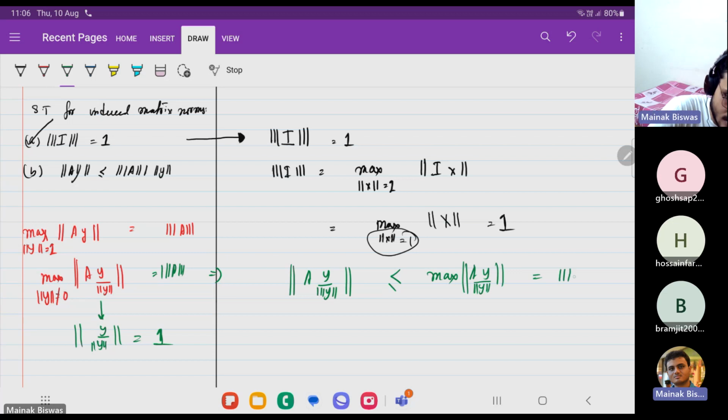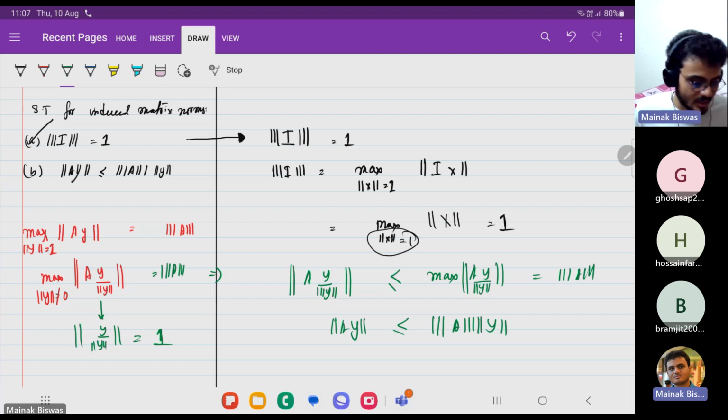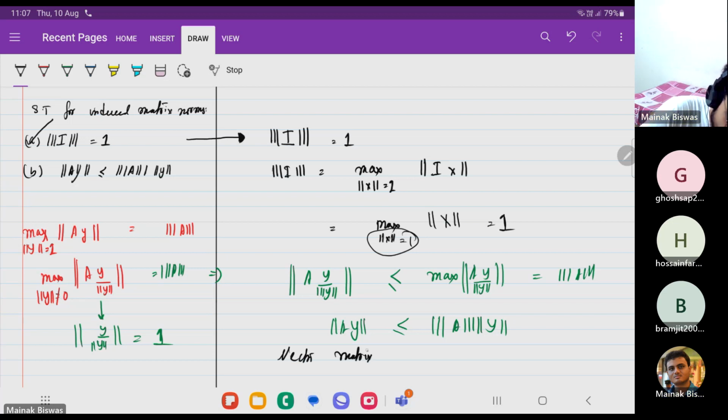Which is equal to the matrix norm. So it has a wonderful property that if you have a matrix-vector product, this is less than or equal to the product of the norms, sort of a vector-matrix submultiplicativity. Agreed?